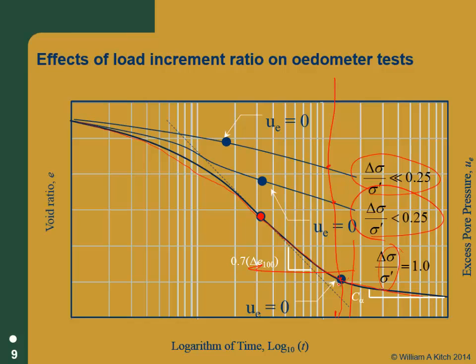That's C sub alpha. So you can show that for our assumption of about the range of C sub C over C sub alpha, the inflection point theoretically from Terzaghi's curve is 0.7 times E100.